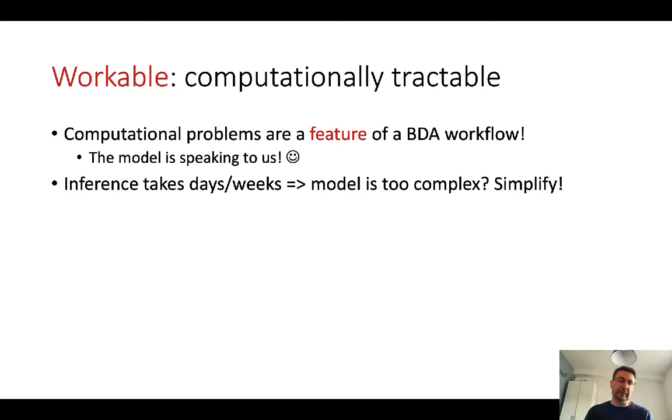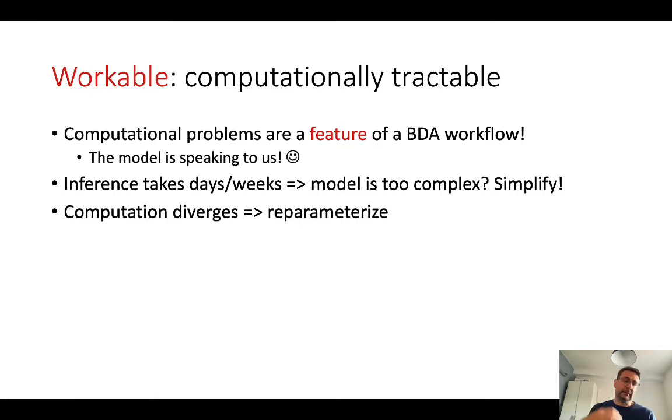So for example, if the training or inference takes days or weeks, well, probably there is some problem with the complexity of your model, so you will need to simplify. And there are many tricks here, and of course I cannot go into all the details. If the computations diverge, you might need to reparameterize your model variables. And of course, there are lots of guidelines on doing this.